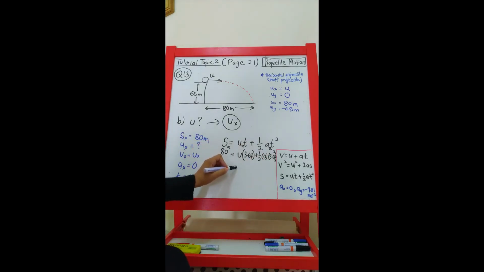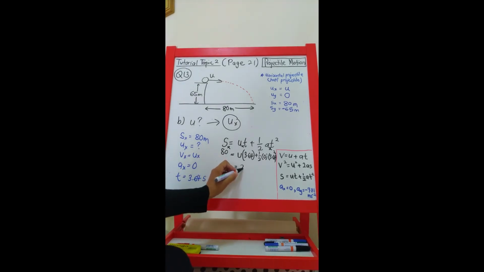So once you rearrange, you will get u equals 21.98 meter per second.